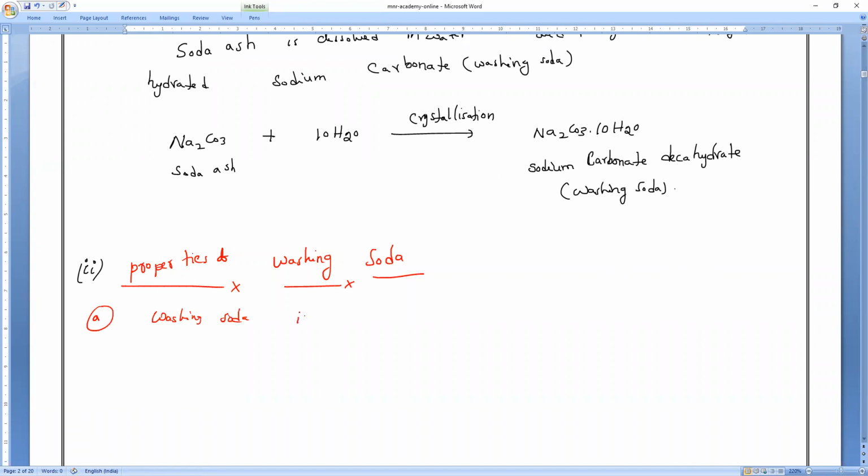It has a crystalline structure because of water of crystallization. If water of crystallization is removed, it will turn into anhydrous. Understand, everybody? Very, very important.